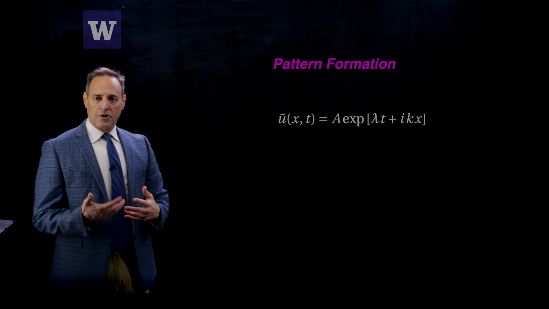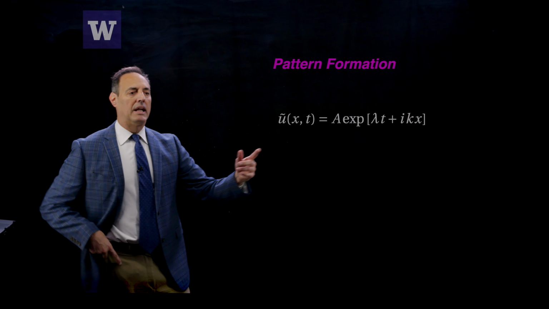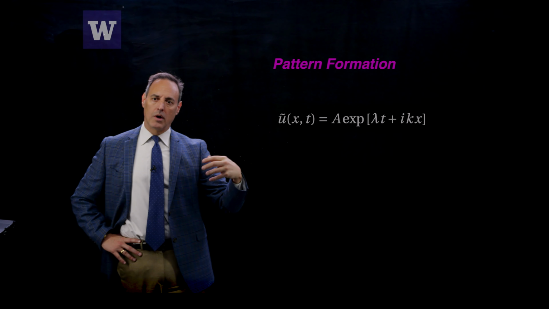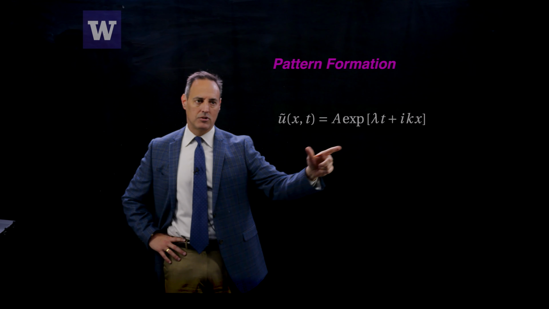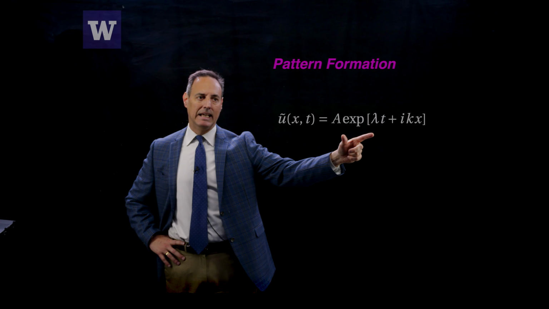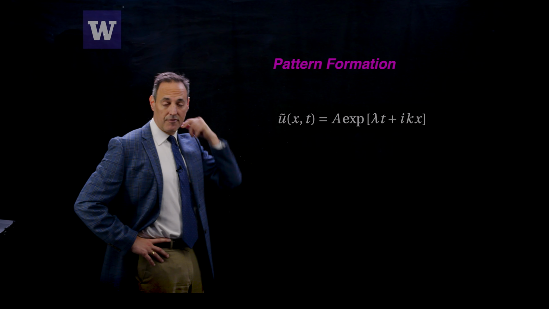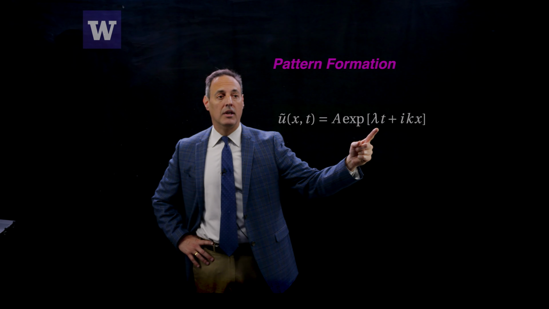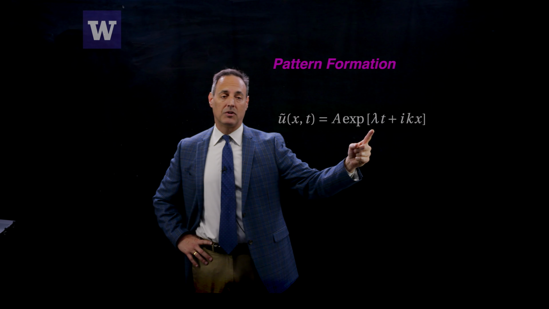And now what we're going to do, once we have that linearized equation, the goal is to plug in this equation here. I've rewritten it slightly because I want interpretability. What I mean by that is the following. I'm going to put in solutions of the form e to the lambda t plus ikx. The reason I've done this specific form is because I care about this lambda.